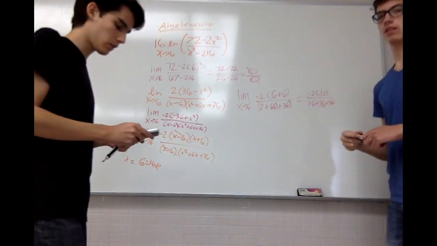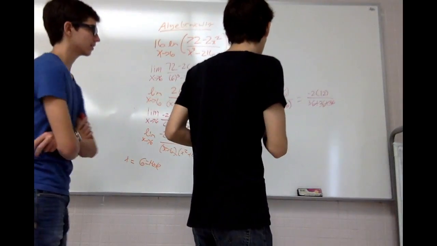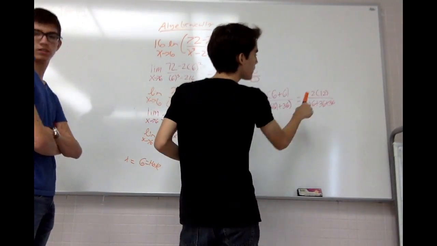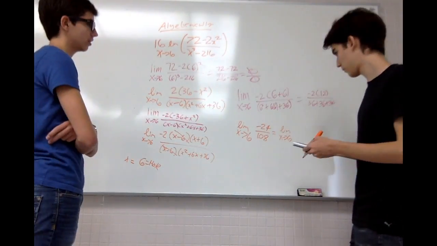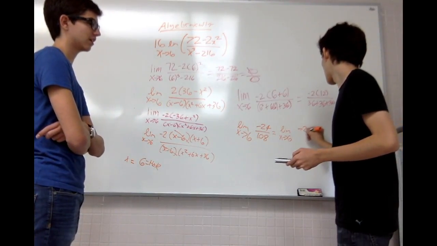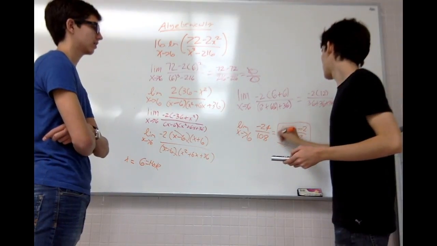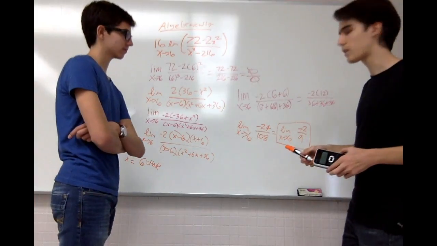Now we can use our calculator to determine this. So that's our answer. The limit as x approaches 6 is negative 2 over 9.